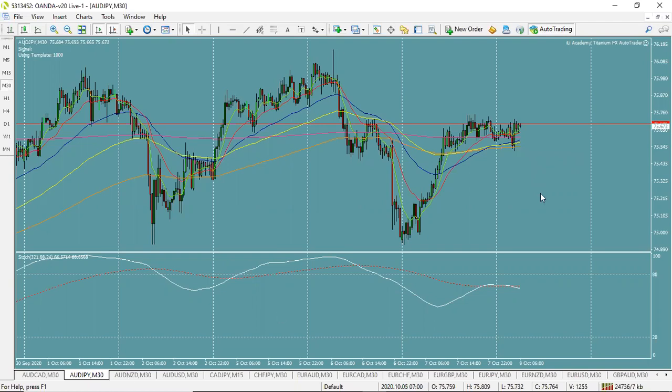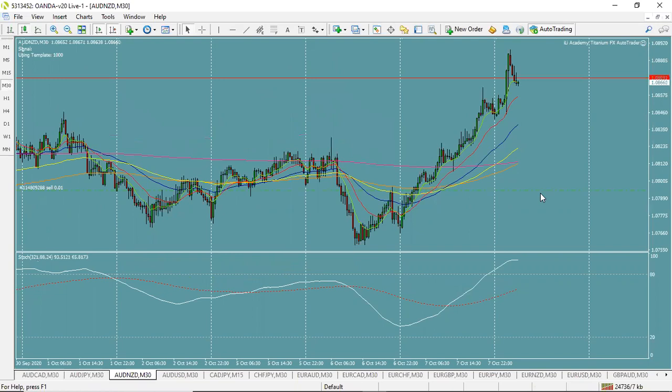On this Aussie New Zealand, on the 30-minute chart, we also have trend to the upside. Everything except for the 200 is jumping over the 720 at this point in time. Everything else is in order to the upside.